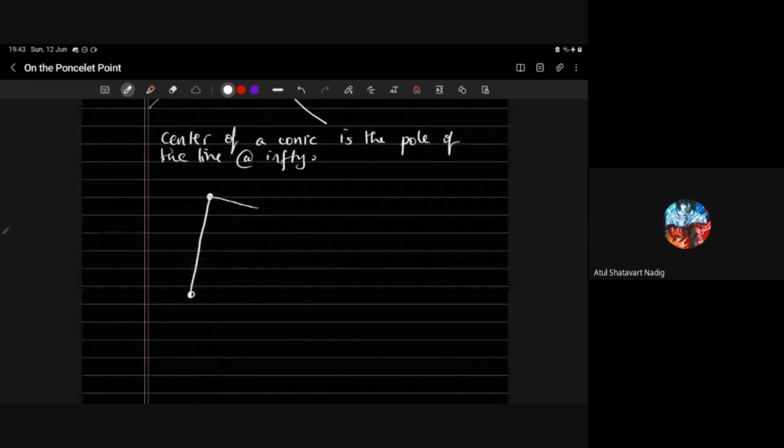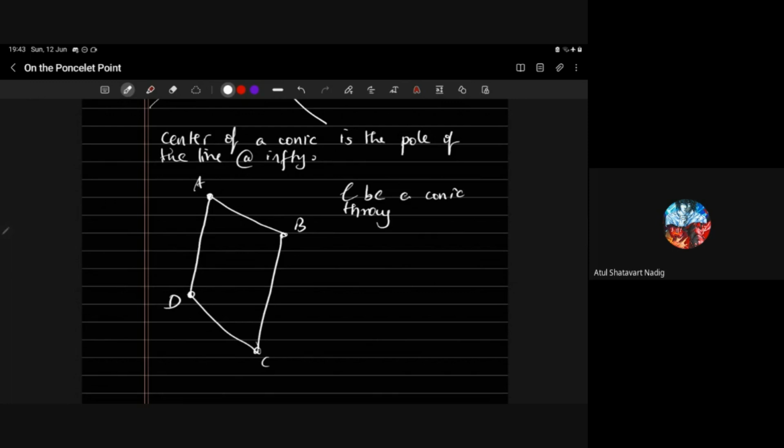Suppose, let's call this parallel, let ABCD be a parallelogram, and let C be a conic through ABCD.